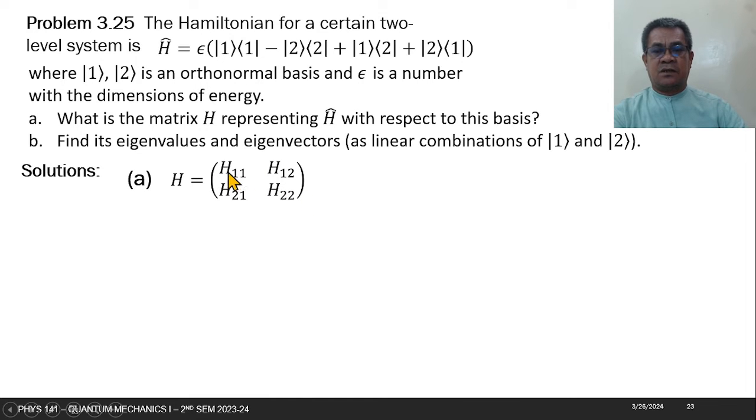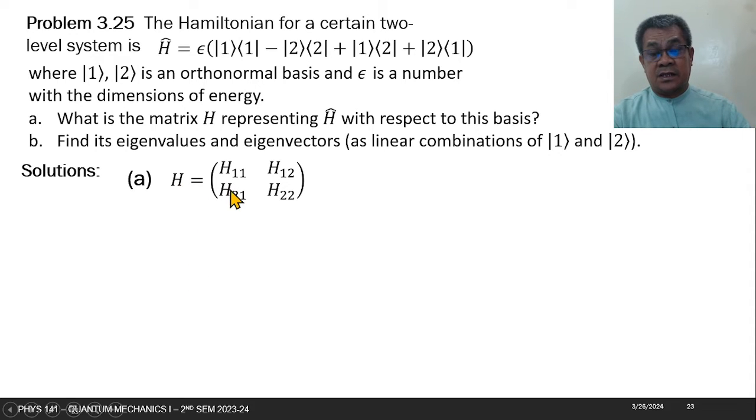This is row 1, column 1, row 1, column 2, row 2, column 1, and row 2, column 2. So we will find each element of the Hamiltonian, then substitute it going back to this expression, then we will provide the matrix of the Hamiltonian.